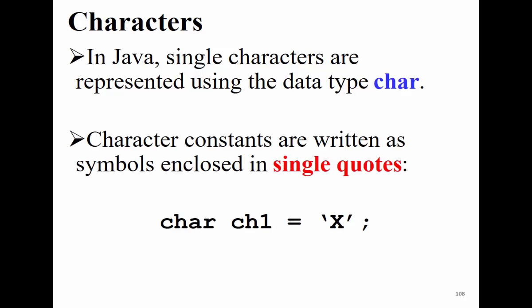A primitive data type is declared with single quotation. Here is char ch1 is equal to 'x'. By doing this, we are declaring a single character. This is not a string. This is just a single character, a primitive data type.